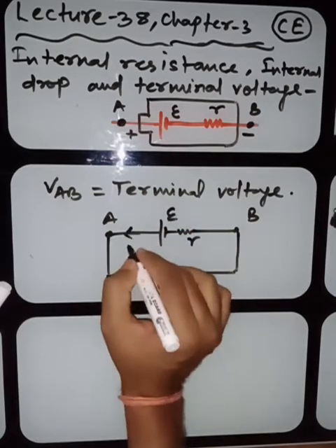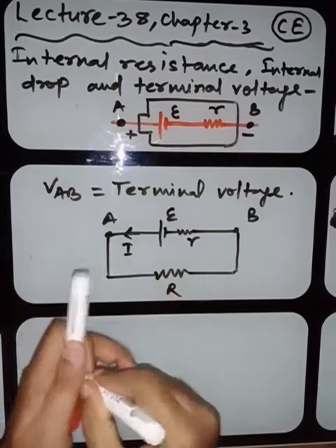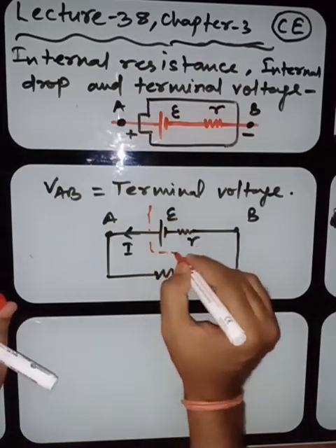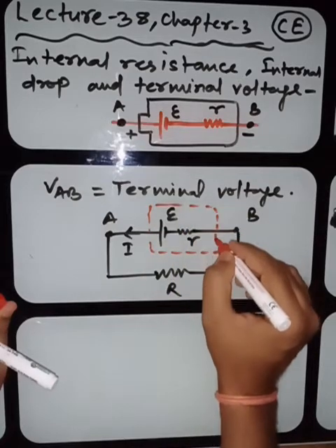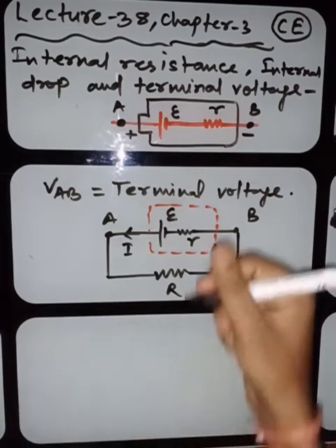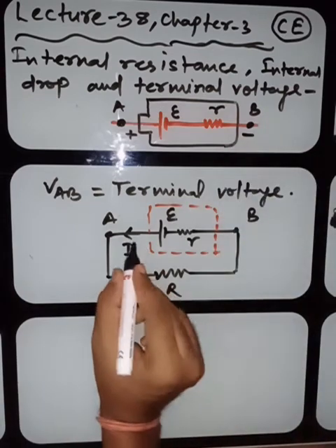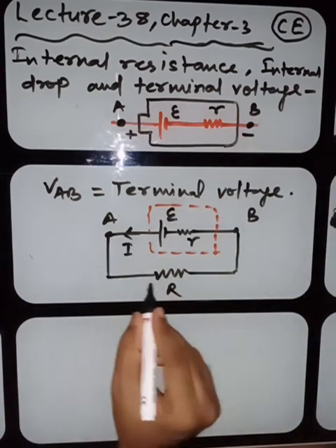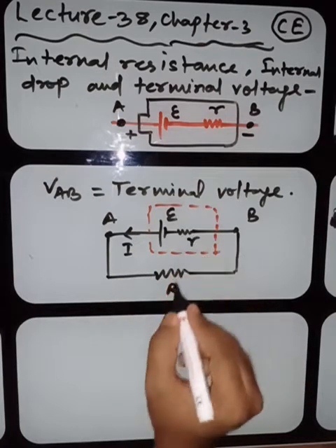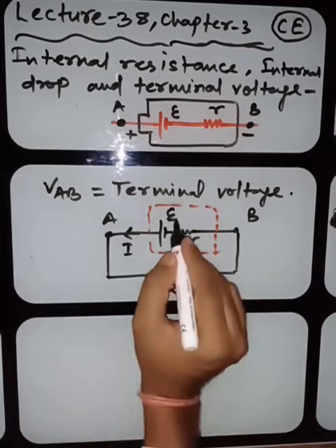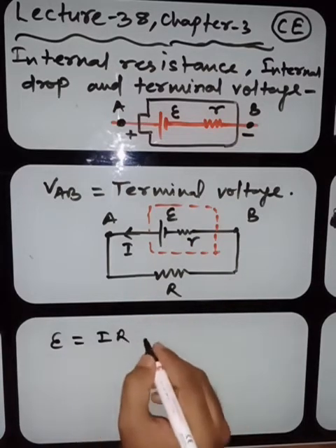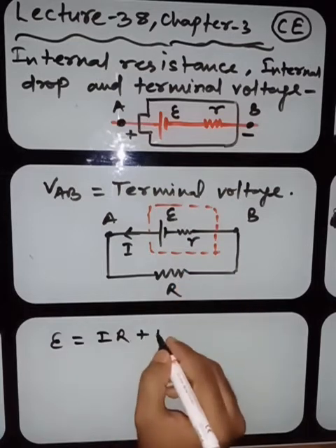If current starts flowing, then what will happen? This current drops a voltage over here, and this current drops a voltage over here, and this total voltage will be equal to the EMF. That is, E is equal to Ir plus IR.